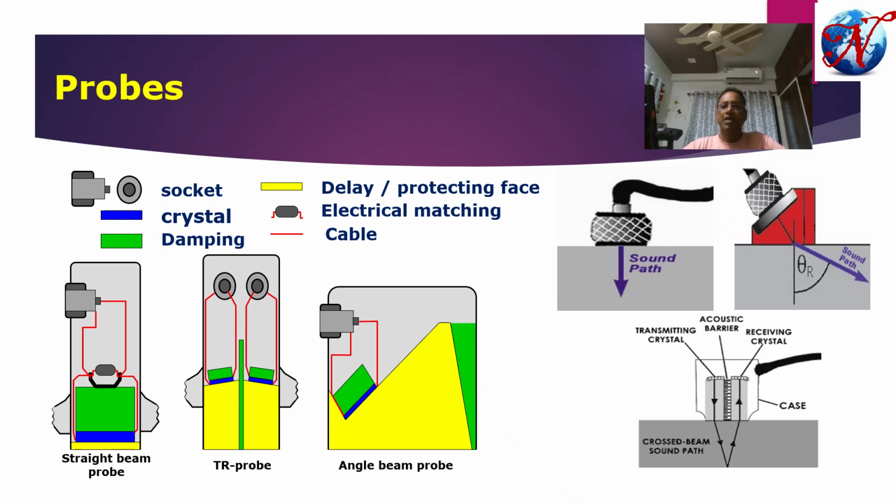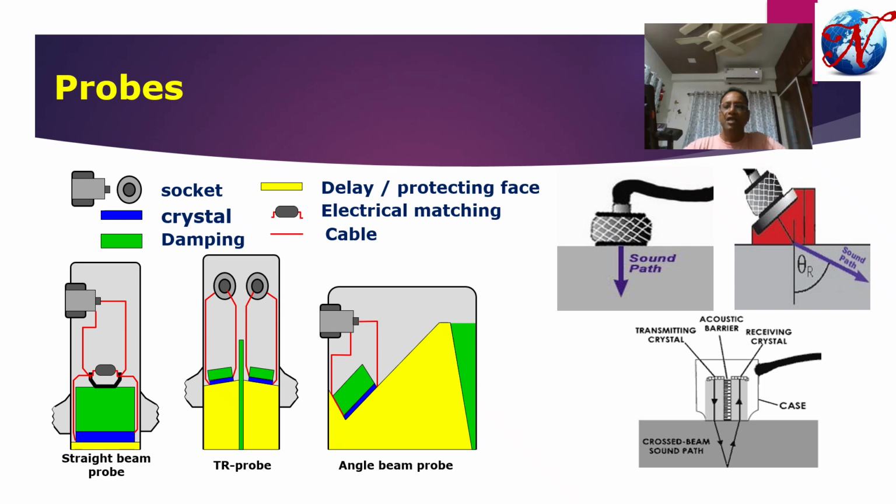The first is the straight beam probe. It is straight beam in the sense it produces the longitudinal wave at 0 degree, but it is a single crystal probe acting as both transmitter and receiver, which has dead zone issues at lower thickness. The normal probe has been replaced by the TR probe, where twin crystals are used, one as a transmitter and another as a receiver, with an acoustical barrier in between.